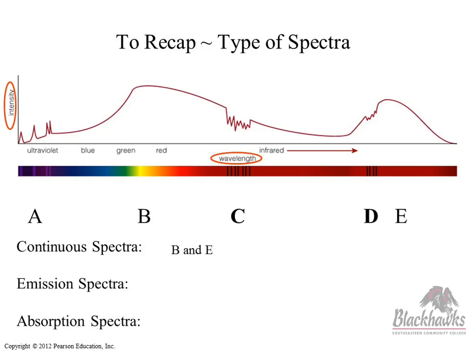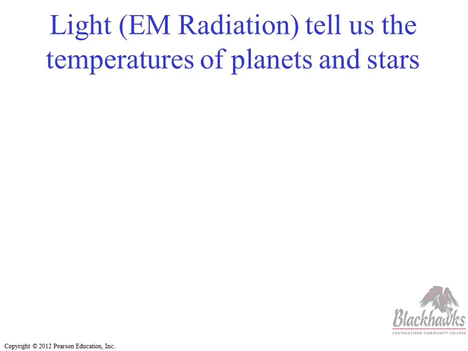So you're talking B and E. Emission spectra are where you see blips of energy. That would be A. And absorption spectra would be these two regions, the C and the D.